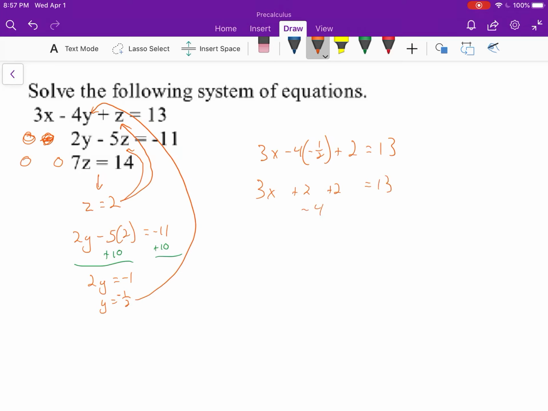We would subtract 4 from both sides. 3x equals 9, so x equals 3, and we have the solution to our system of equations, x, y, and z. So that example there was to show you that it's easy to solve once you have this triangle of zeros here.